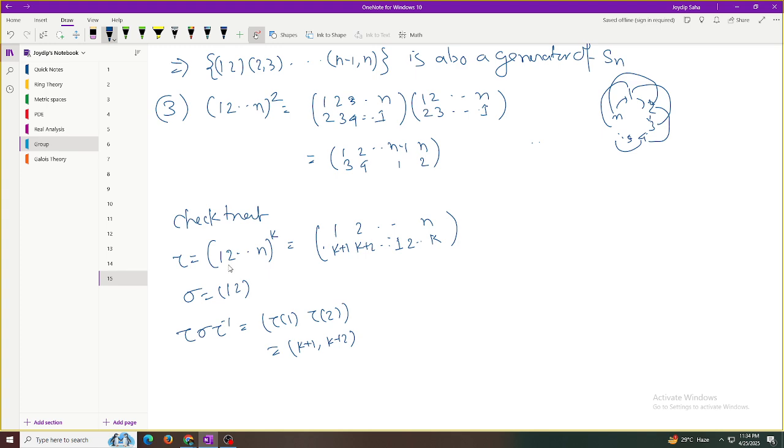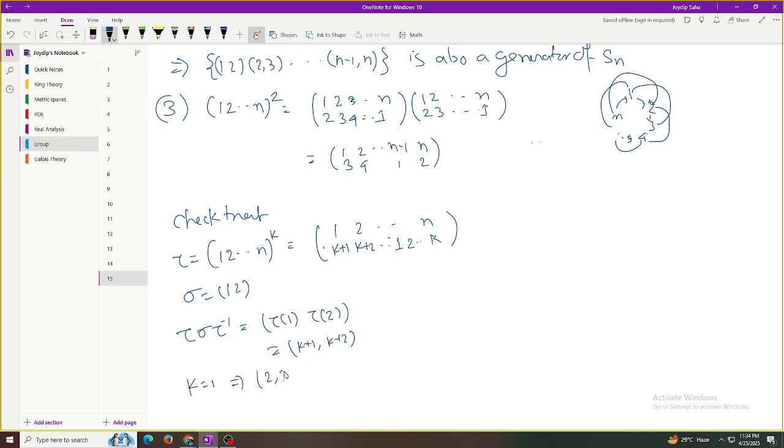Okay. So if k equals 1, then what happened?